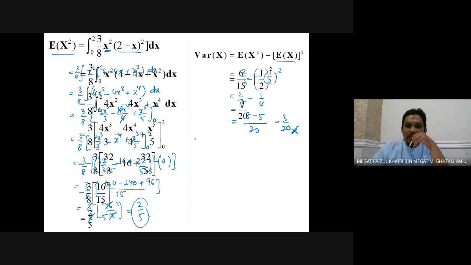So class, standard deviation equal to square root of 3 over 20. Okay, so expected of ax plus b equal to a times E of x plus expected of b, equal to b.